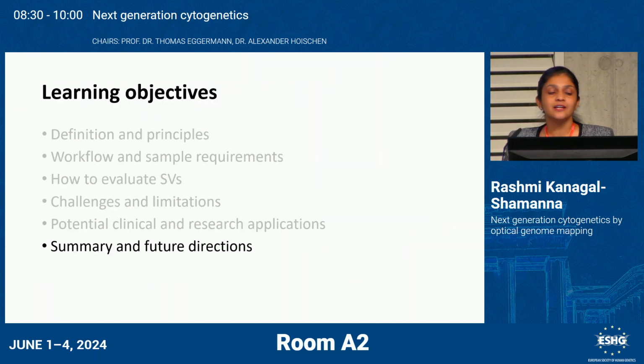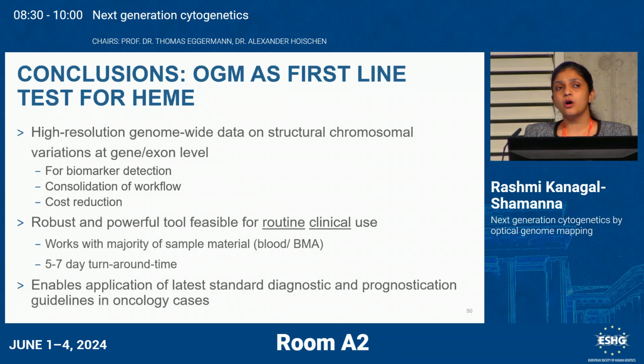And finally, I wanted to talk about the last point, the summary and future directions. Overall, we can summarize that OGM is a very robust technology for detection of high-resolution genome-wide data on structural variations. And we can go down, depending on the location, to either gene level or exon level.